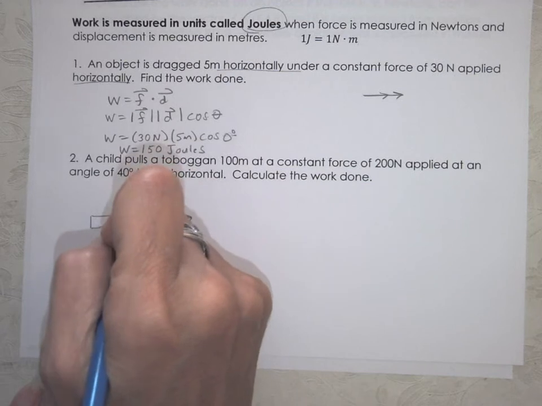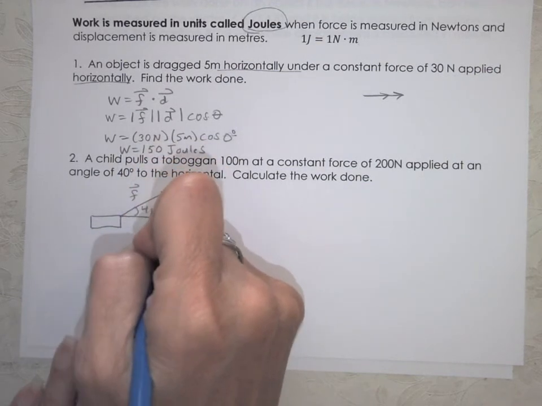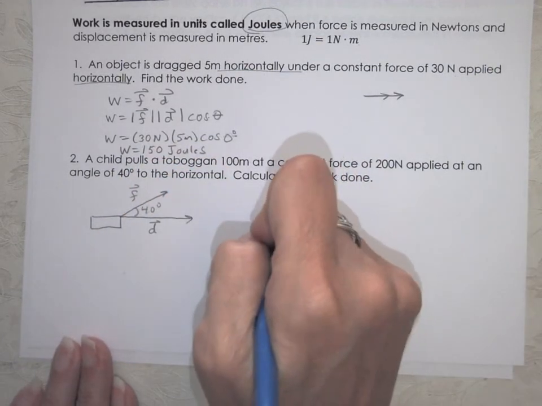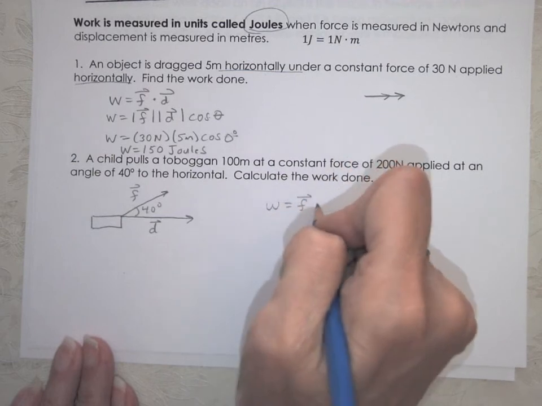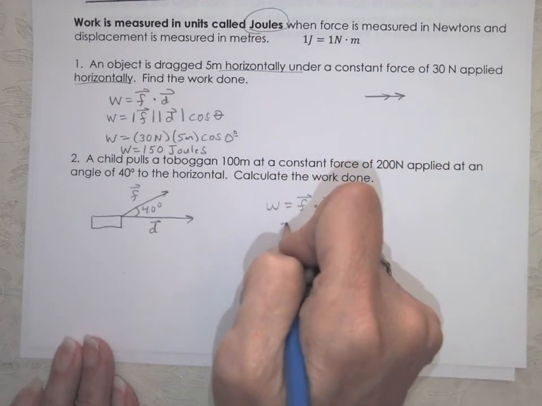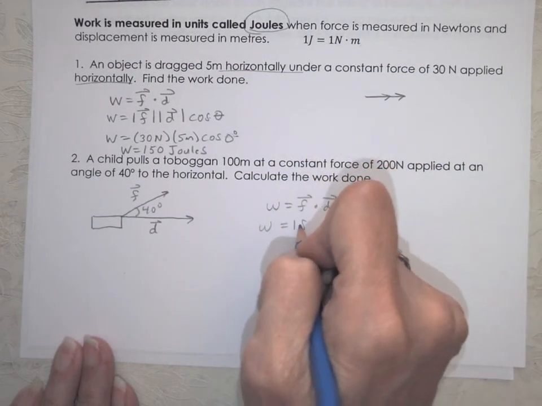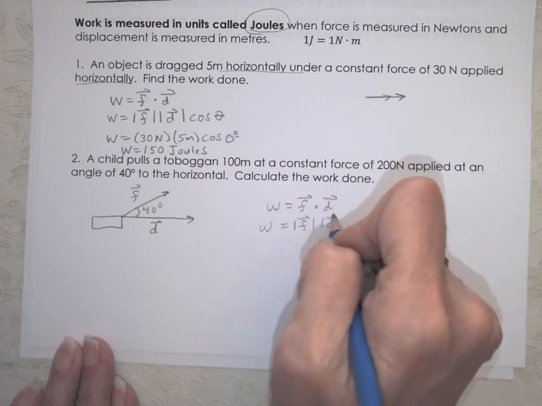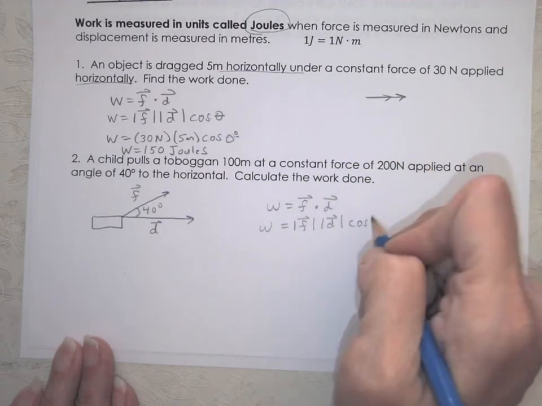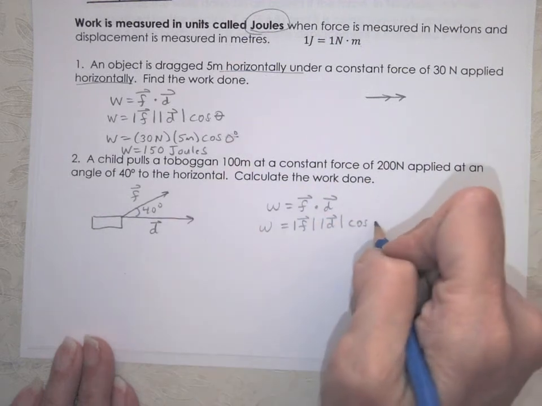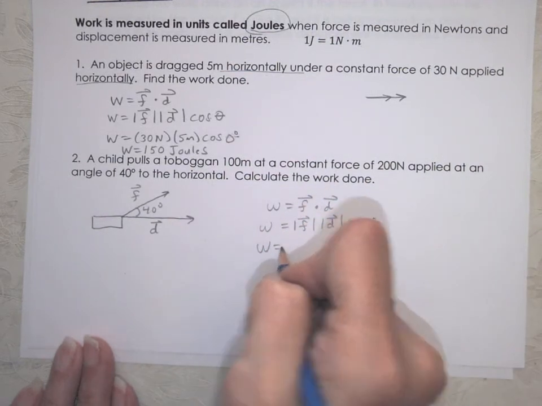So here's my force vector, and I know this angle's 40 degrees. So the work done is going to be F dot D, or the magnitude of the force times the magnitude of the displacement times the cos of theta. I'll write theta for now, and then I'll fill it in.